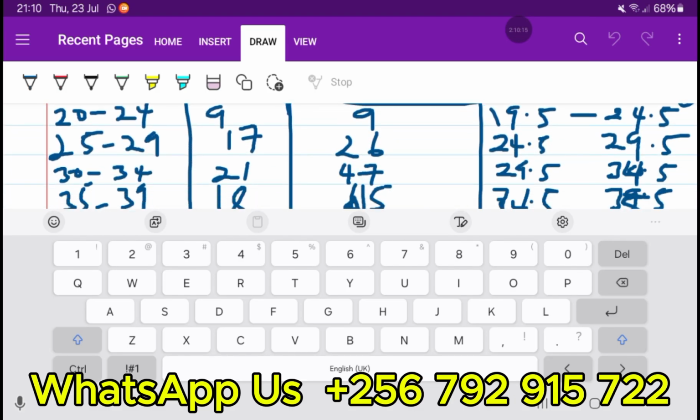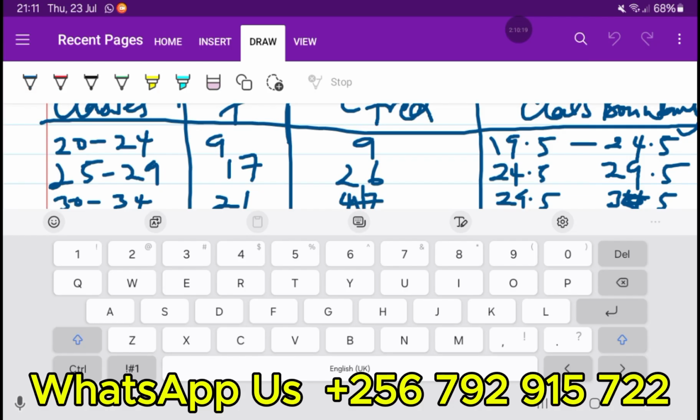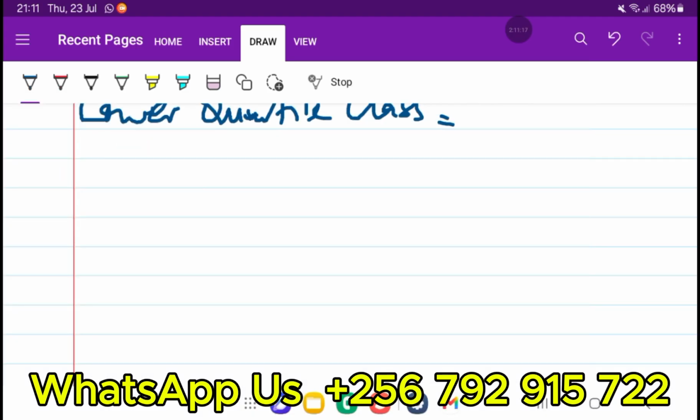So we pick now the lower class boundary for that class, which is 24.5. It is the class 25 to 29. That's the class.